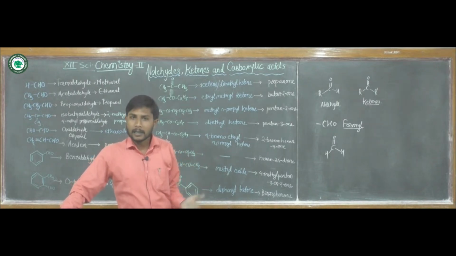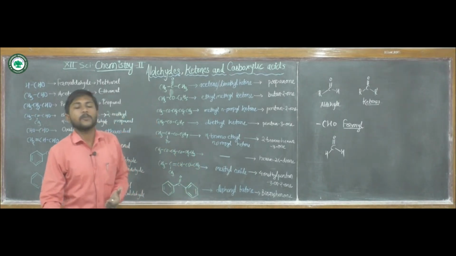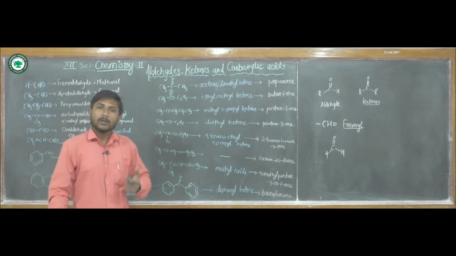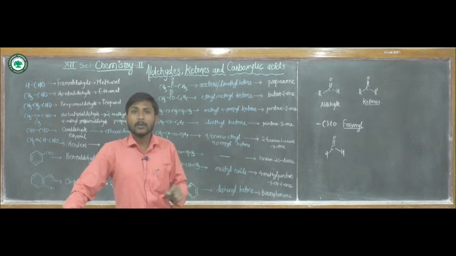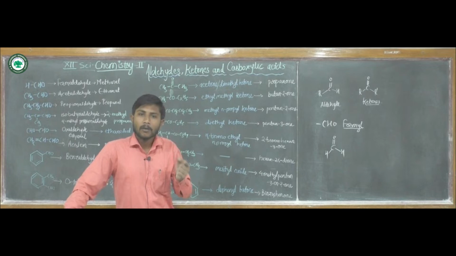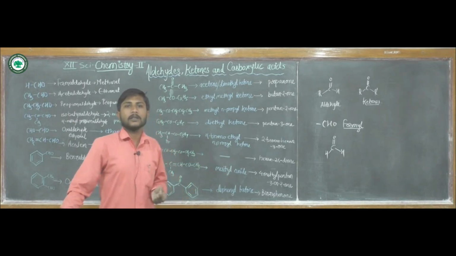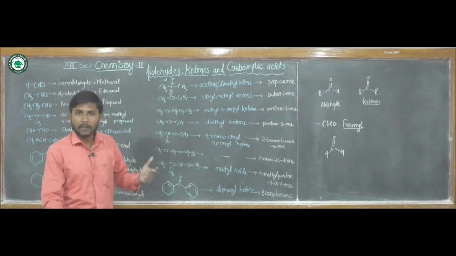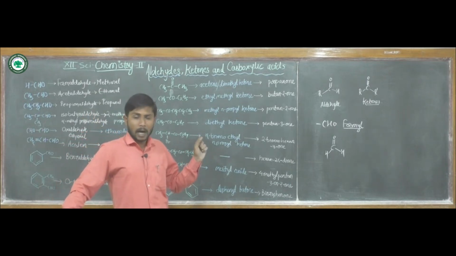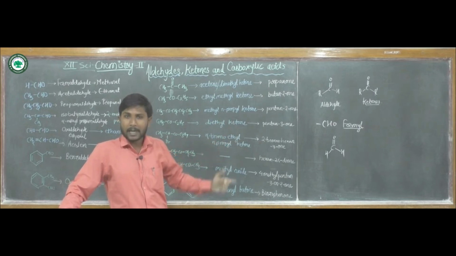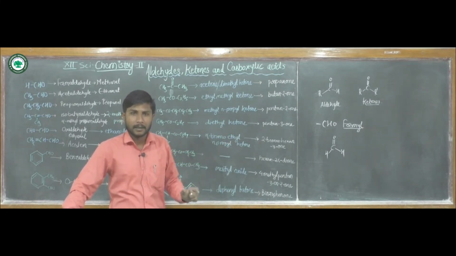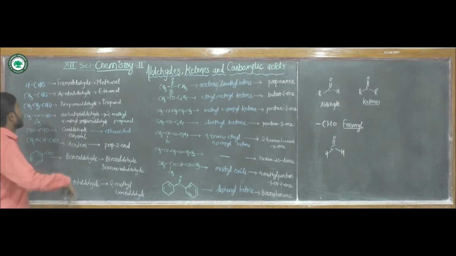In the common name system, for every corresponding alkyl group, the name is followed by aldehyde, while in the IUPAC name system we have to follow all the rules: select the longest carbon chain, then give the numbering, starting from the end nearest to the functional group. As we have discussed, the formyl group is bonded with a hydrogen atom through one sp2 hybrid orbital, so it is always present at the end. That's why the numbering always starts from the formyl group, or its carbonyl carbon.